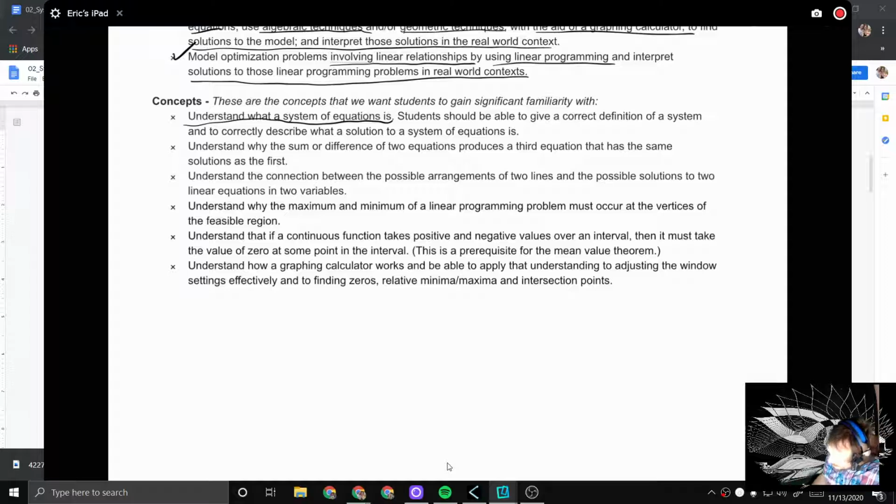Understand why the sum or difference of two equations produces a third equation that has the same solutions as the first.